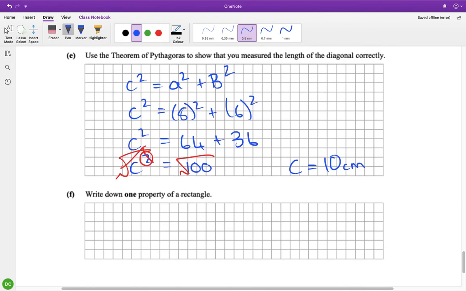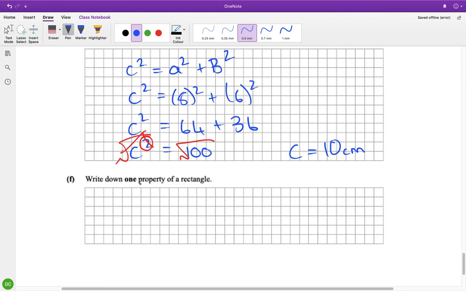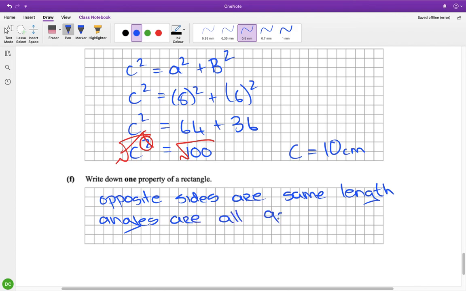Okay, and one property of a rectangle, so that's literally something about a rectangle that would count for every rectangle. So you could say opposite sides are the same length. What else could you say? Oh, the angles are all 90 degrees.